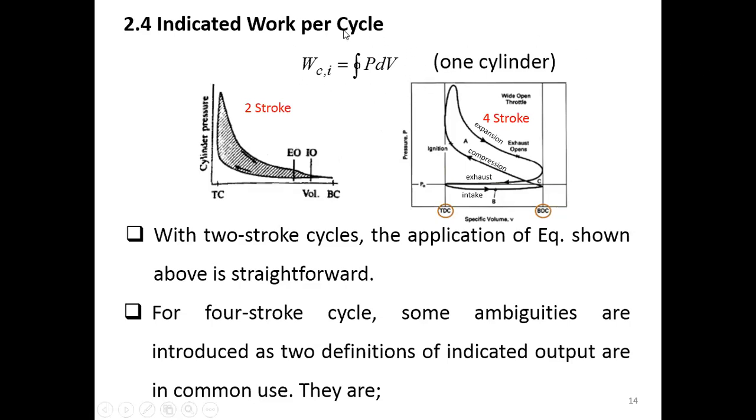Most of you should be familiar with them from thermodynamics. C stands for cycle, because when we talk about the indicated work, we don't talk about the process. We talk about the cycle. So C stands for cycle. I stands for indicated work.